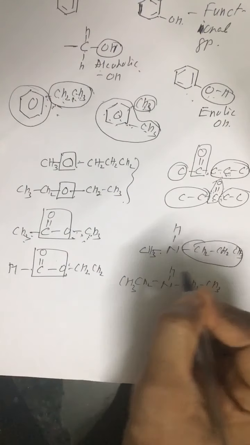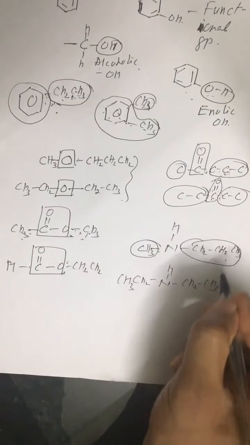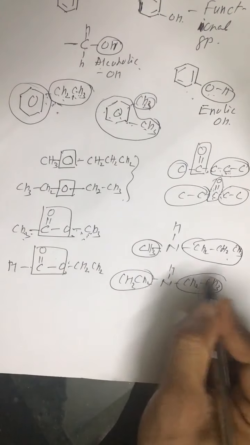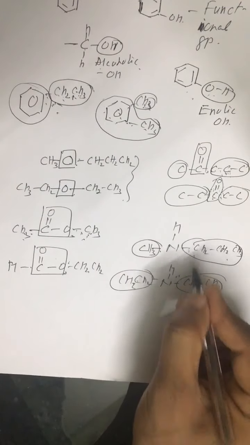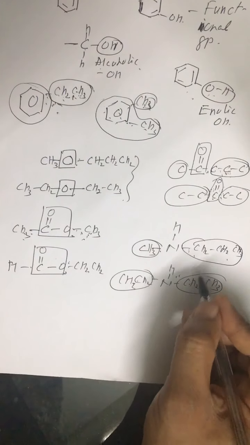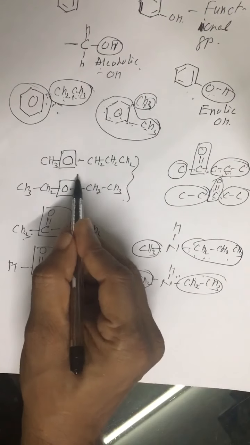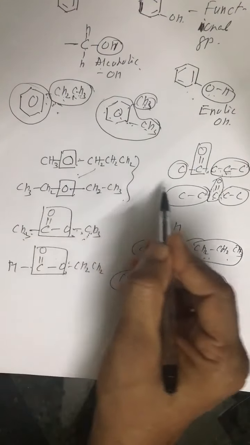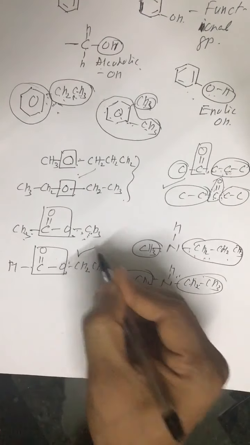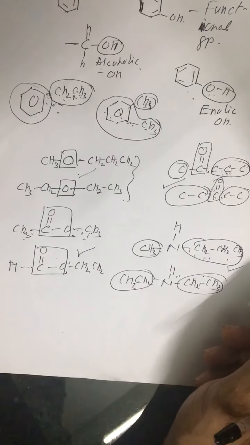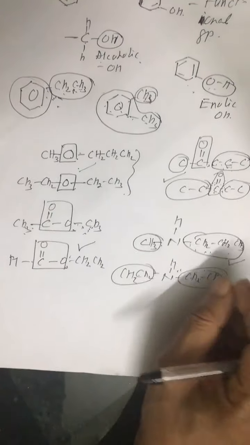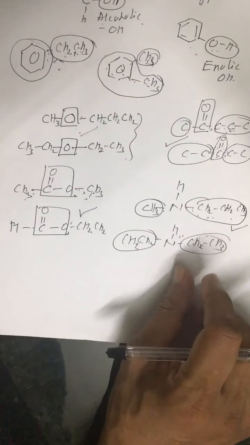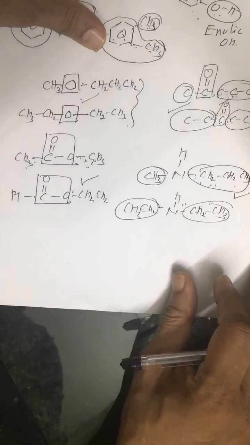Here it is attached to a propyl group and a methyl group, and now we have two ethyl groups. So these two are again chain isomers, metamers. This is exhibited by ethers, ketones, esters, secondary and tertiary amines. So this is specific isomerism, metamerism.